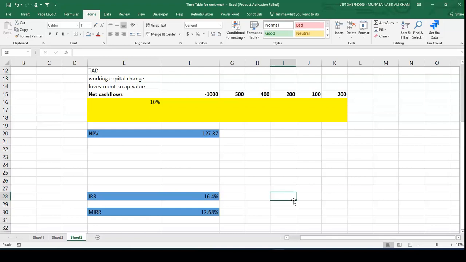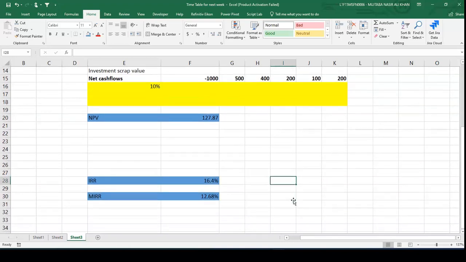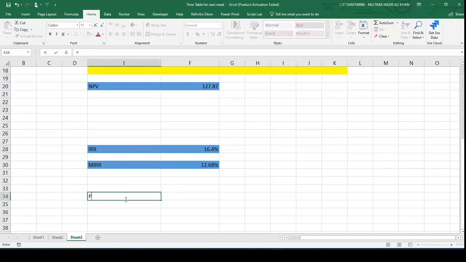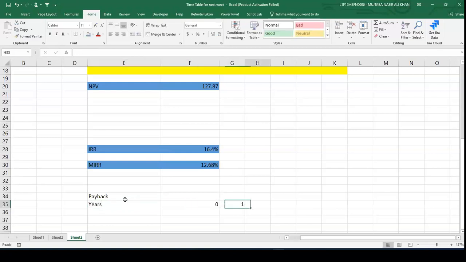Okay. Now, next thing, how to calculate the payback. Cash flows are always annual. Don't worry about that. Let me calculate the payback, guys. First of all, write the years.